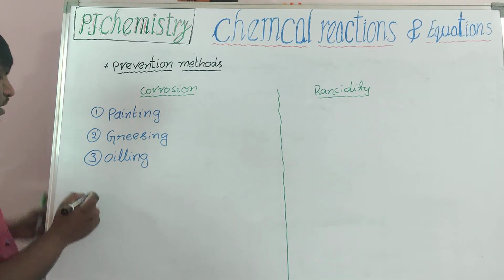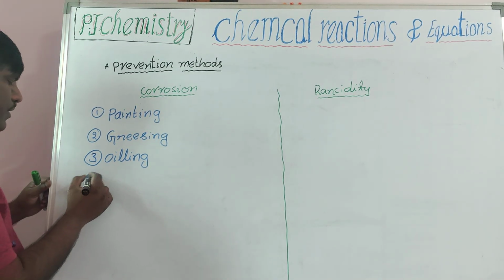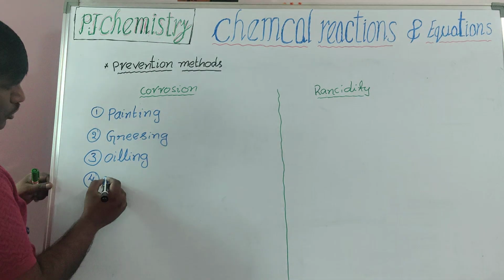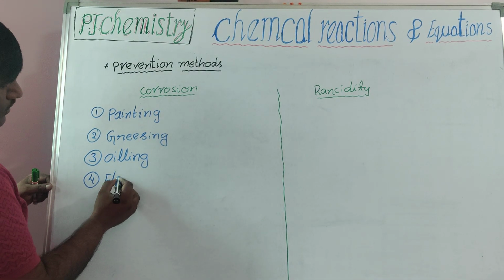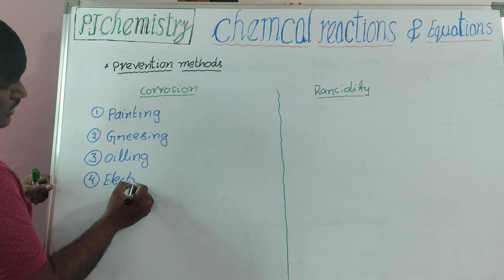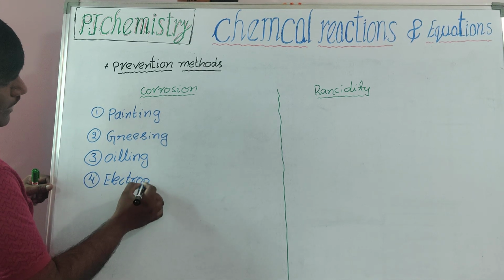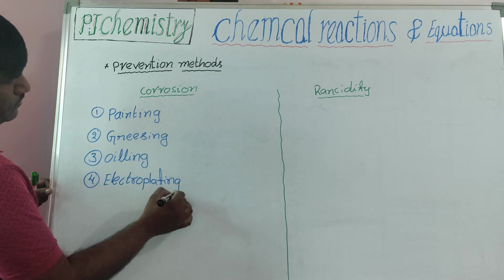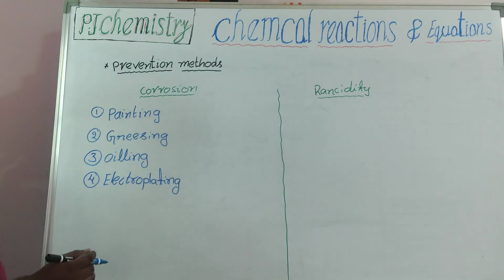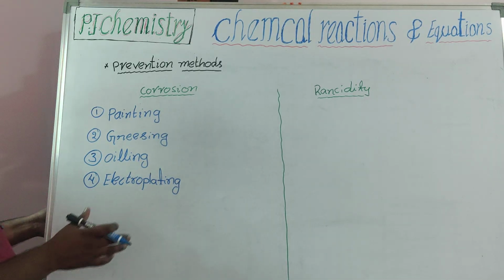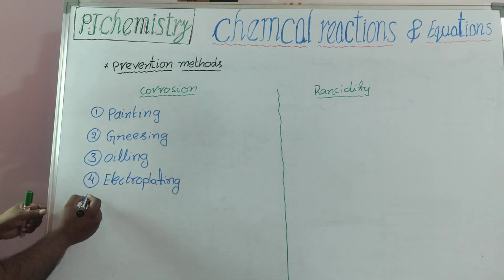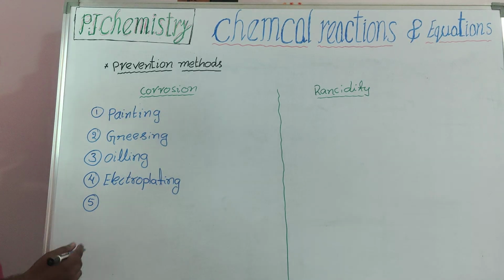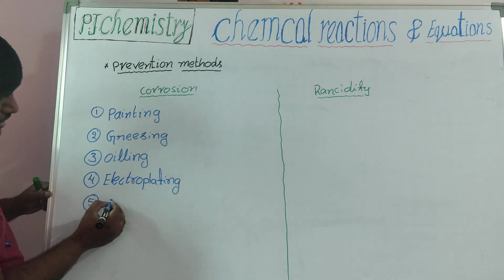Painting, greasing, oiling, and electroplating. In the electrolysis process, electroplating comes. Galvanization.